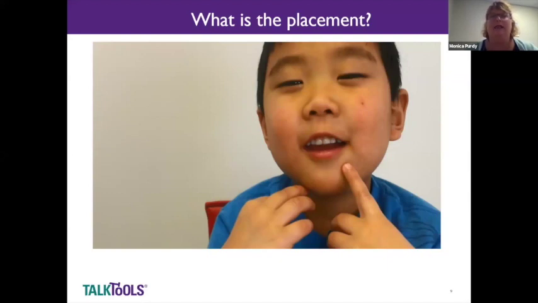It's blatantly obvious to me, but then I make it known to the parent. I say, oh, do you see how their jaw is moving every time they speak to the right? And they don't even realize it because when we're with somebody all the time, we become very familiar with those little idiosyncrasies that person is doing. So it's really, really important that, as speech therapists, we start looking at the placement.